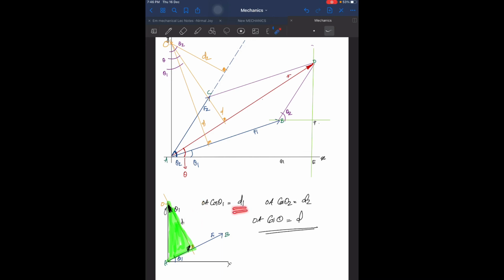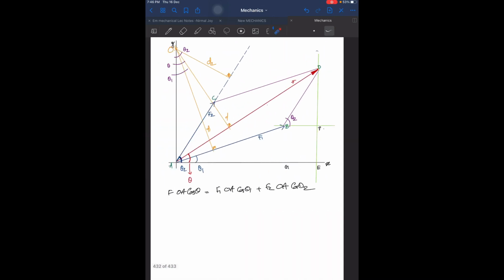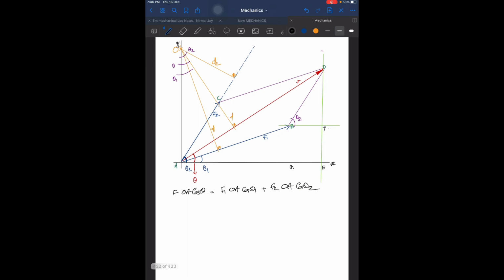Okay, so taking this concept to our equation, we can write F d is equal to F1 d1 plus F2 d2, and this is Varignon's theorem. So what does it say? For two forces F1, F2 and the resultant F, what does Varignon's theorem state?